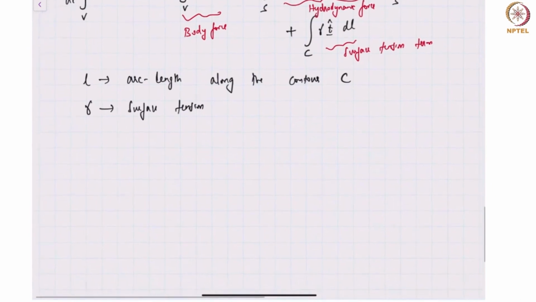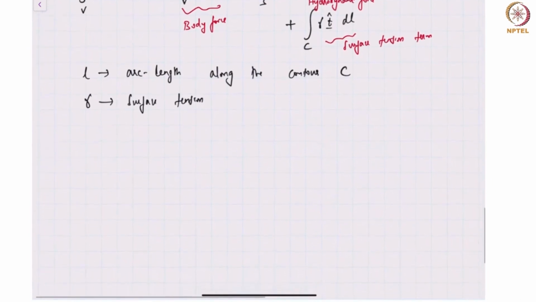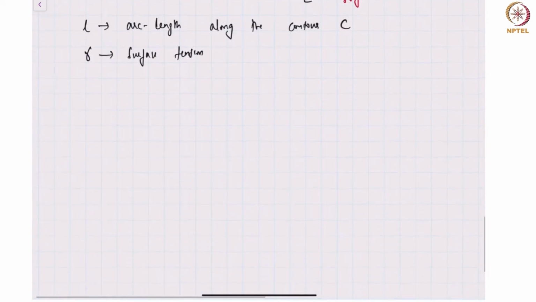Now, like before, what we will do is take the thickness of this contour volume and shrink it to 0.